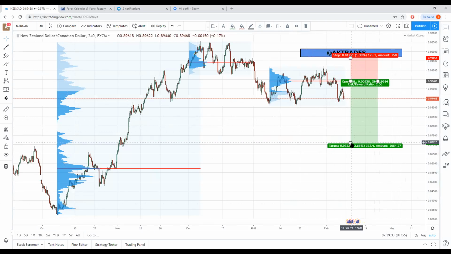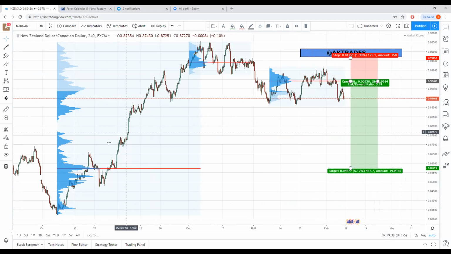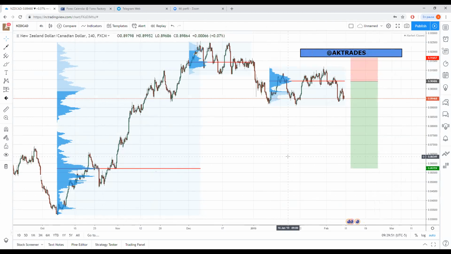And TP3 could be this area, which was the area with the most volume, where more people accumulated buying positions, so they definitely want to try to defend this area. So TP1, TP2, TP3. That would be how I would approach this trade.